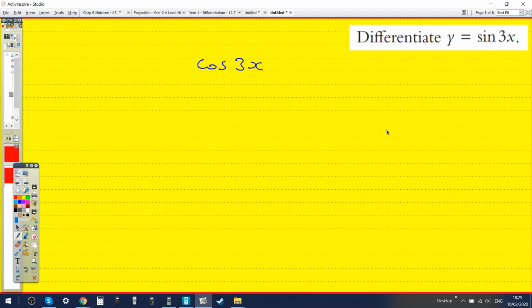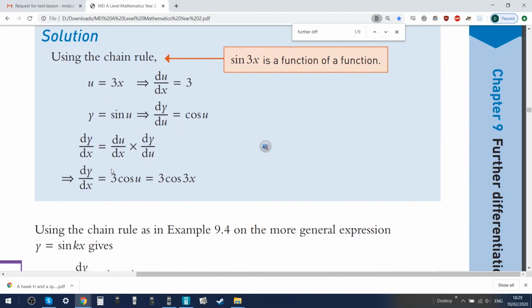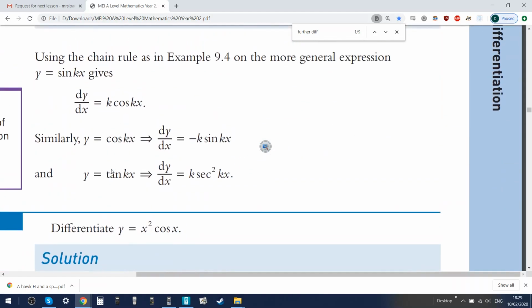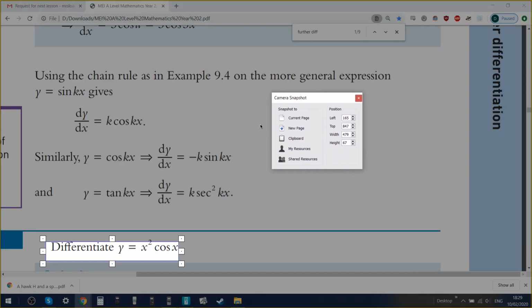So it's cos 3x. What's the derivative of the function inside the function? Three. And so it's that times 3. That's just where that comes from. It's just chain rule. 3 cos 3x. Right. It's a bit easy to do.